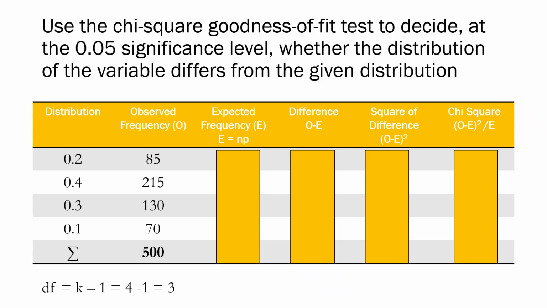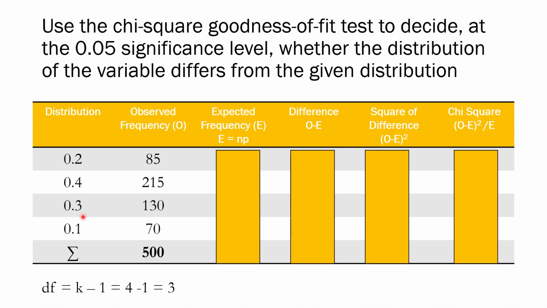The first step is to translate your data into a nice table like this. You can see what I've done here is I've got the distribution as my first column, and I've got our observed frequencies here. These were just copied and pasted from the previous slide. But keep in mind that this is not your expected value.